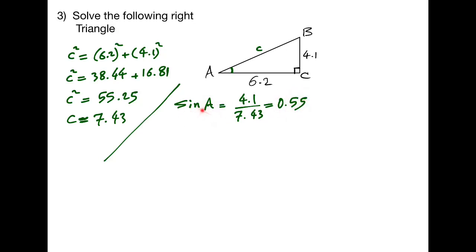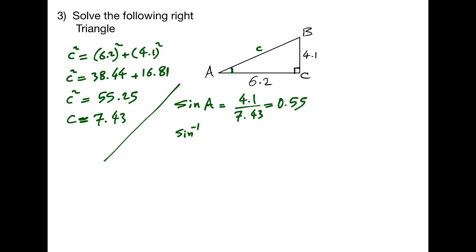In order to recover the angle, we use an operation called sine inverse. On your calculator, usually above the sine button, you will see something like sine raised to the -1.